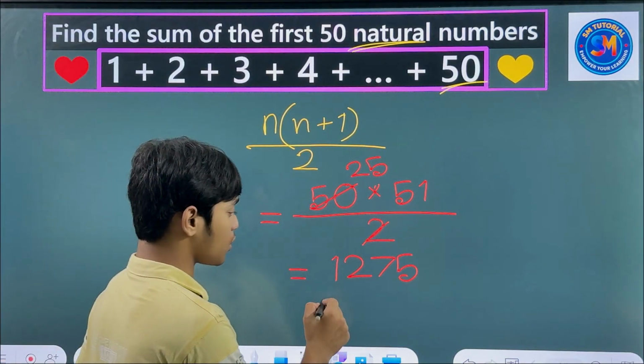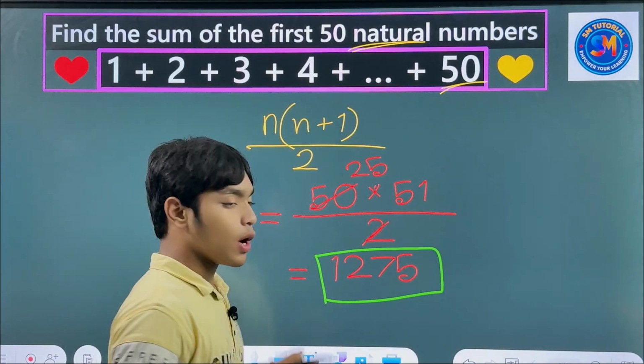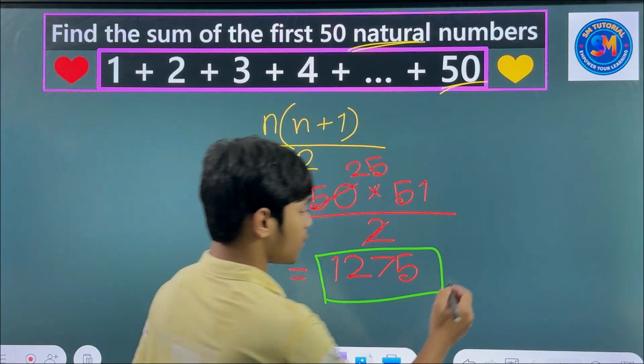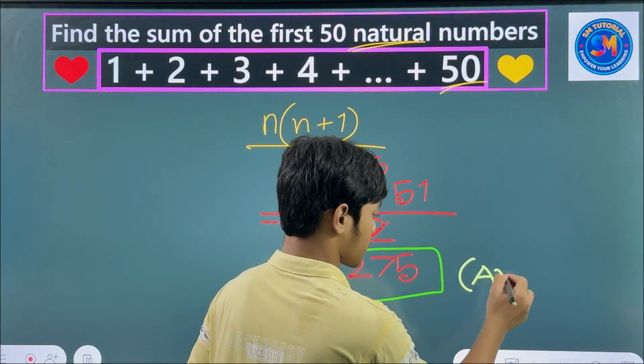So this will be your required answer which you need actually. So now you can write this as your answer.